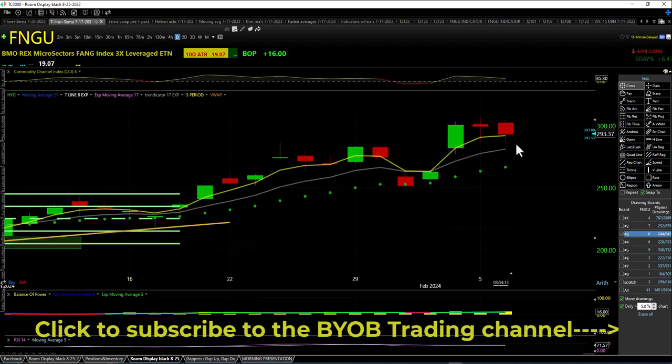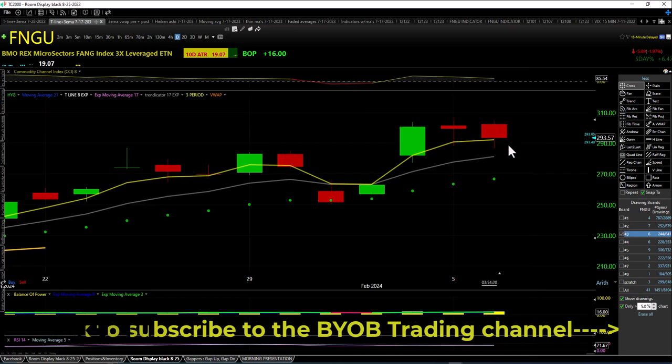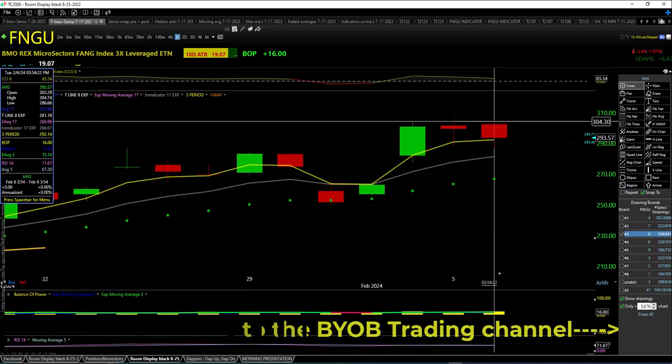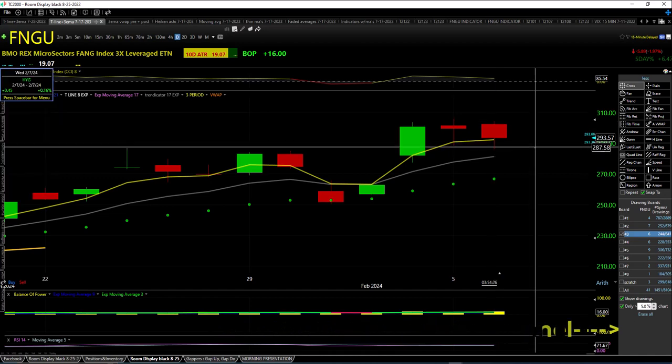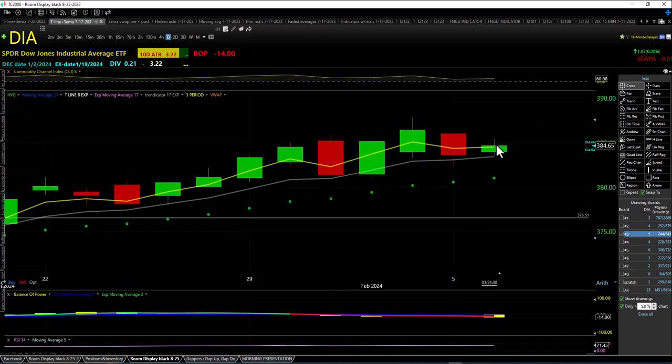FNGU closing over the trap and making a lower high and a lower low on FNGU. Diamond Dow closing above the trap with an inside day, lower high, higher low.